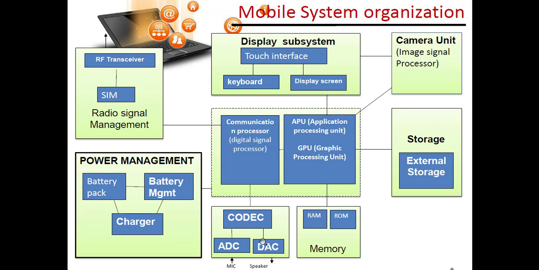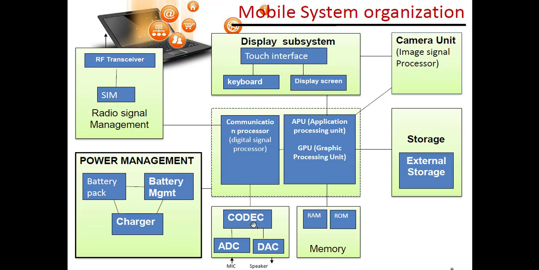And the last component that we have to discuss is this codec. So whenever we make calls or receive calls in our mobile system, we usually speak through the microphone, which is shown here, and we get the voice out of the phone through speakers. So we speak in the form of analog signals, but computers don't understand the language of analog signals.